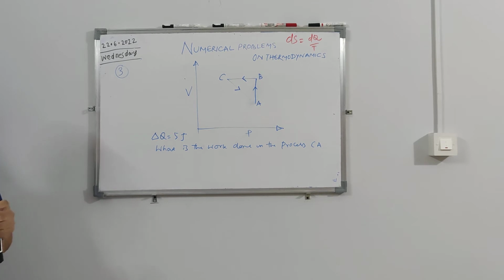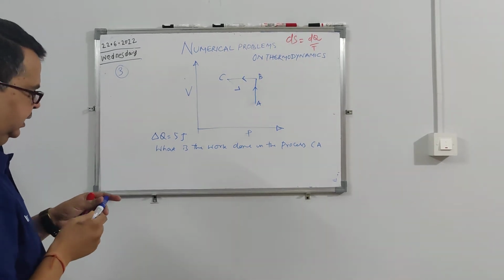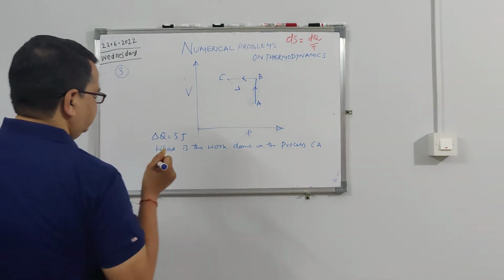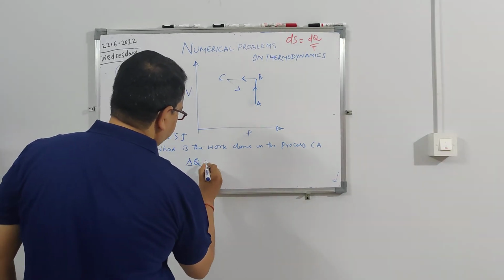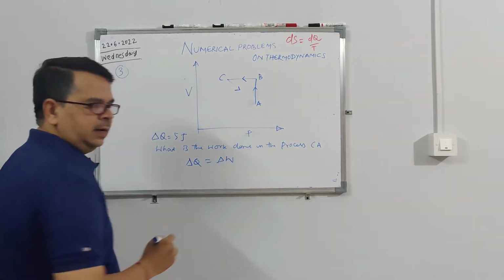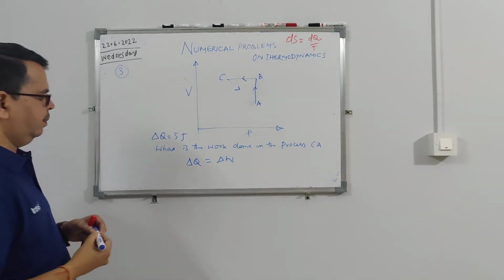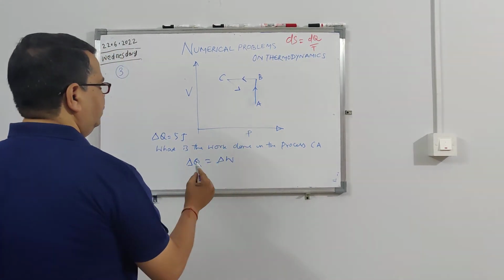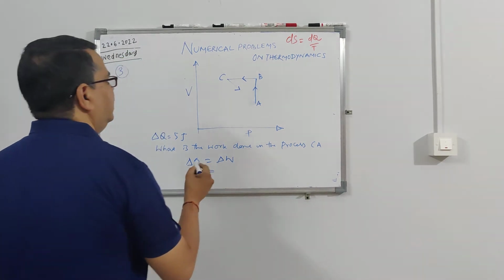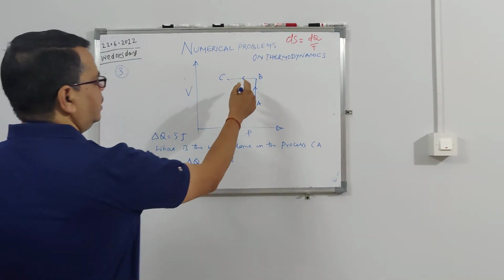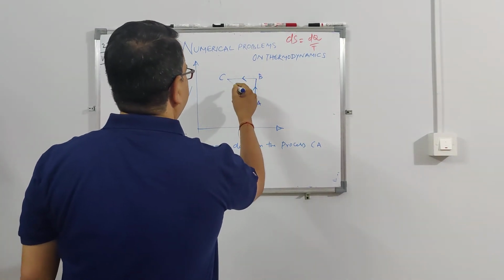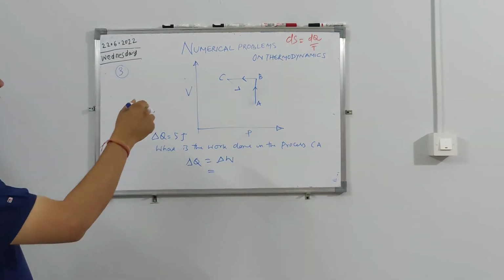So del Q is equal to del W, right? So del W is nothing but work done in AB, work done in BC, and work done in CA.